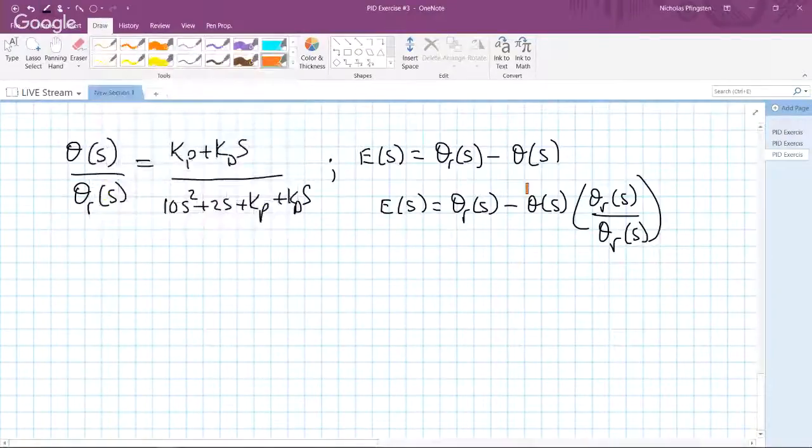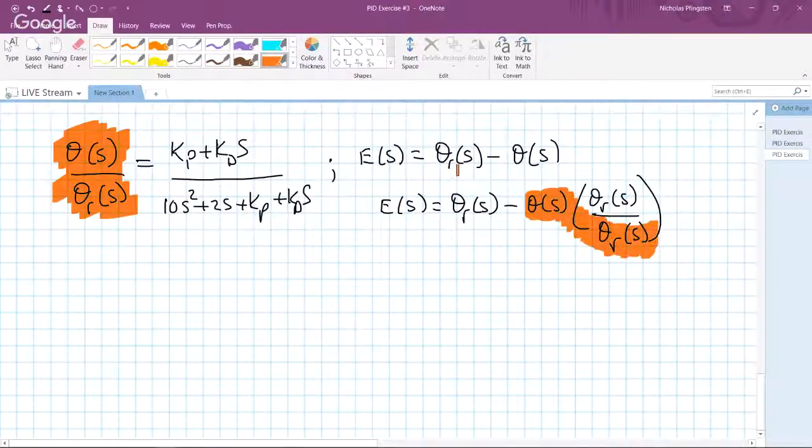We notice that certain things match, right? Because we want this to match. We want this to match. Well, they do.